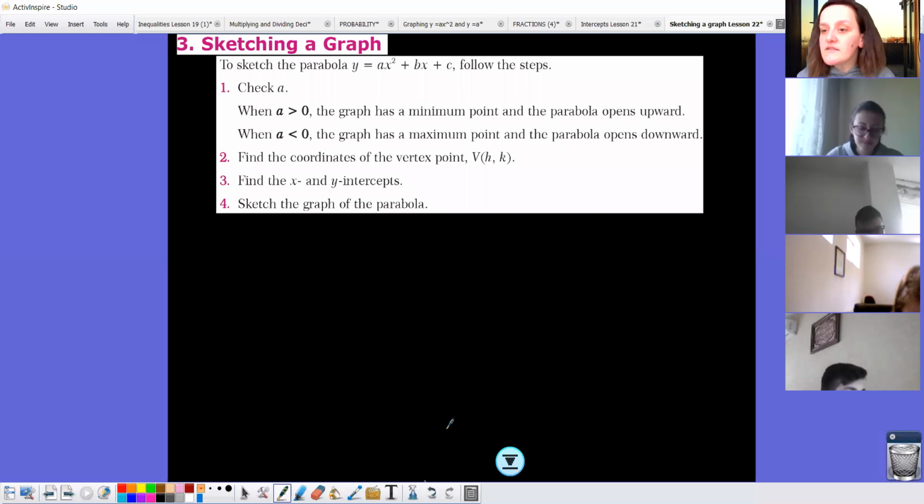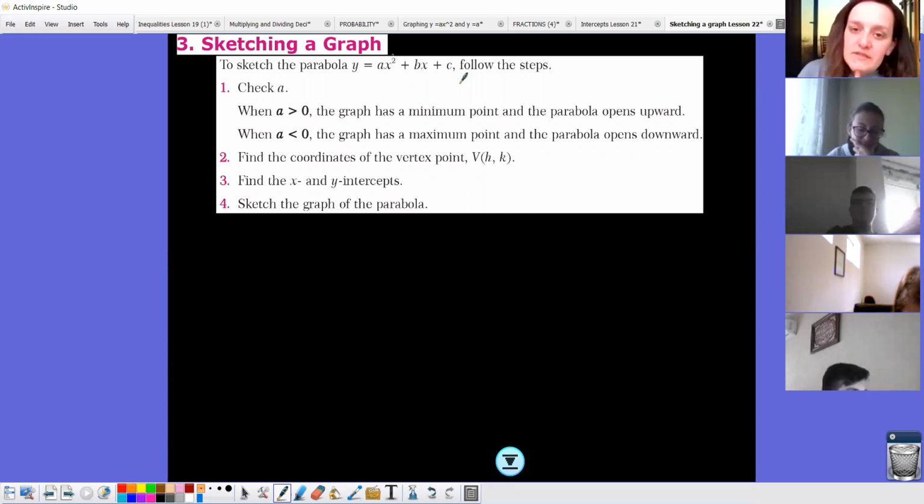Now, we studied the steps, and the third part is sketching the graph. So, how will we sketch the graph? To sketch the parabola of y is equal to ax squared plus bx plus c, we need to follow the steps. Firstly, we check the a. If a is positive, the parabola will be upwards, and if a is negative, the parabola will be downwards.